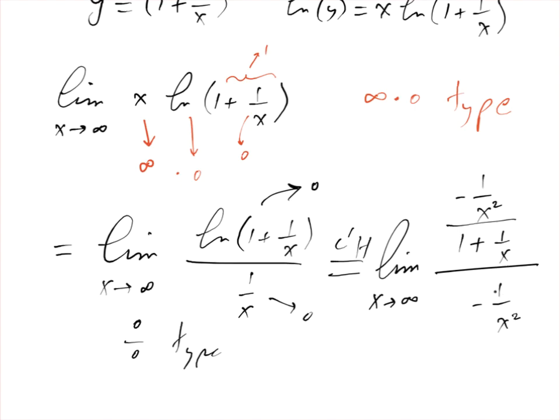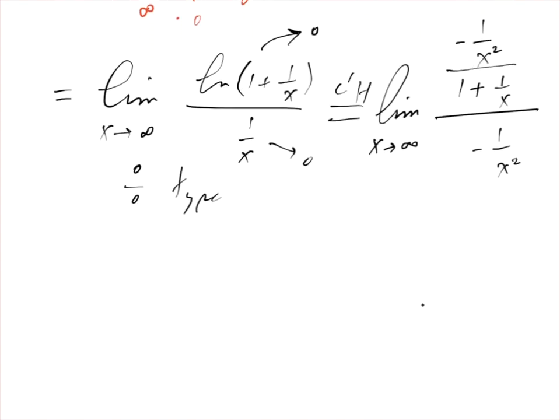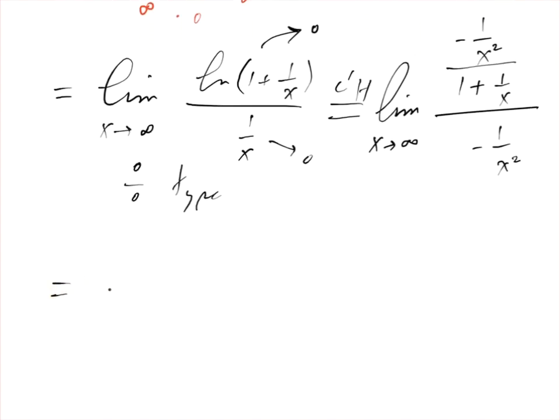Now, when you simplify that expression, this becomes the limit. In any of the limit problems, before you decide what to do next, try to simplify the expression as much as possible.